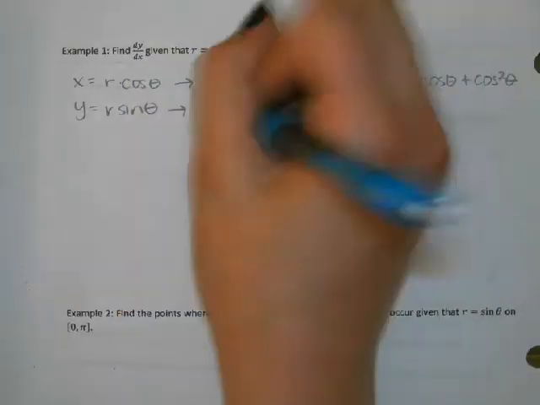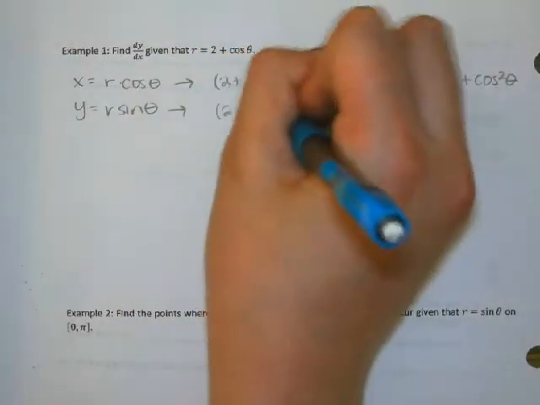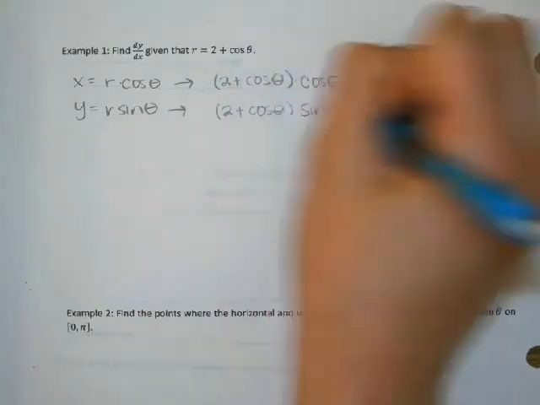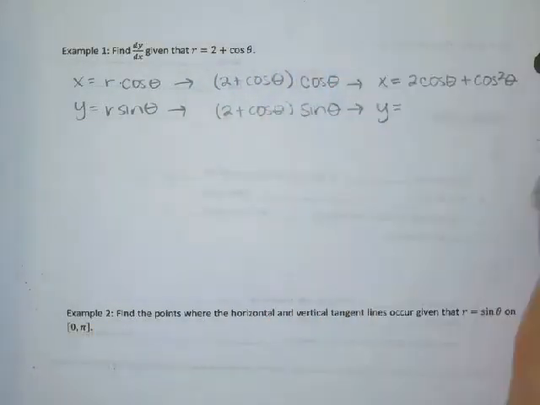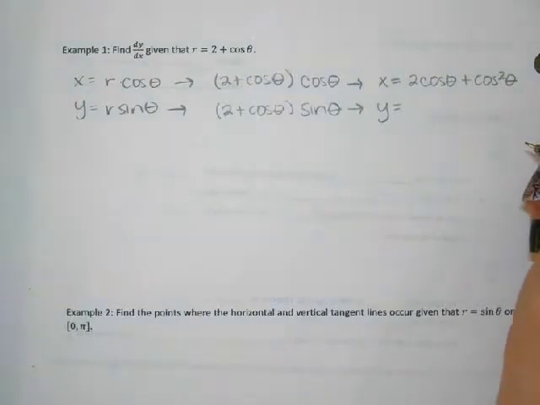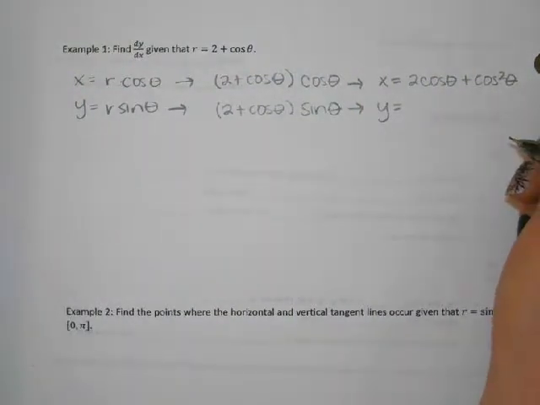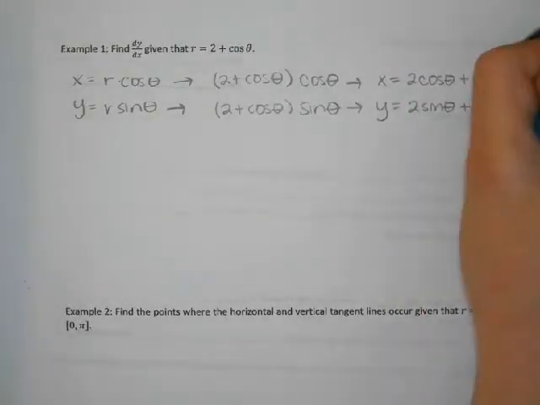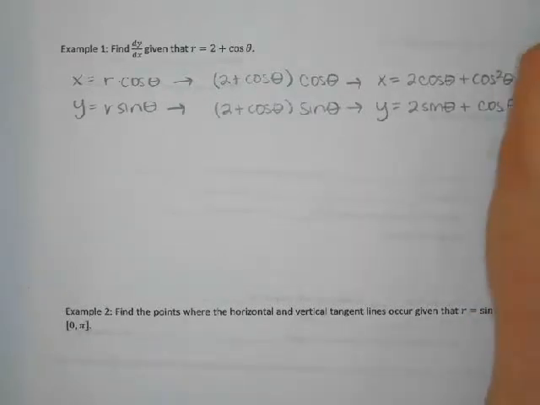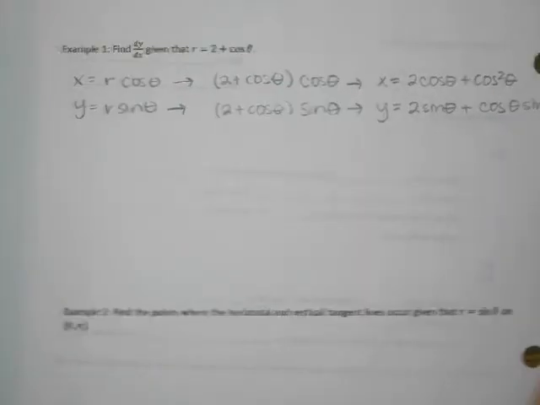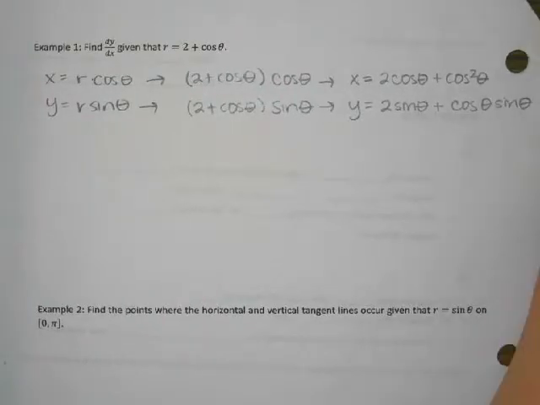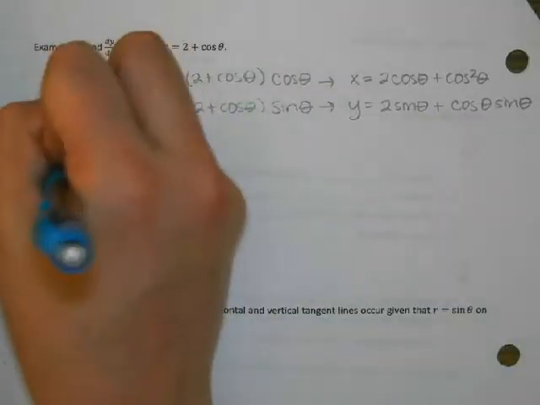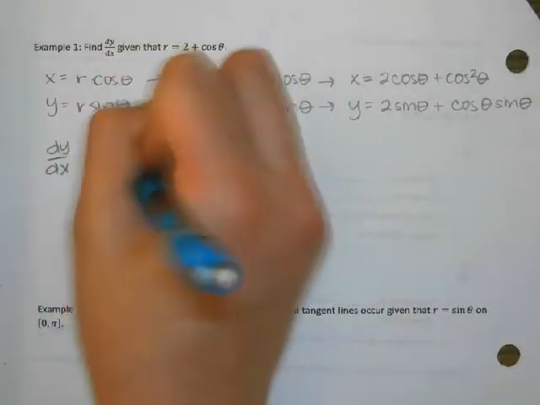And then y would be r times sine theta. So what would that give us? cos theta sine theta. So now to find the derivative, dy/dx, we have to do y prime divided by x prime.